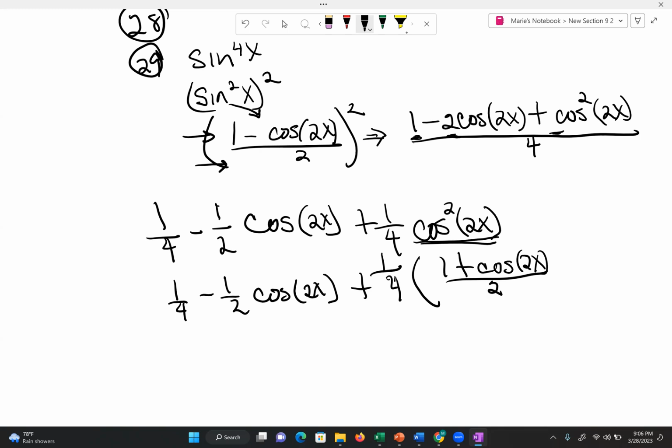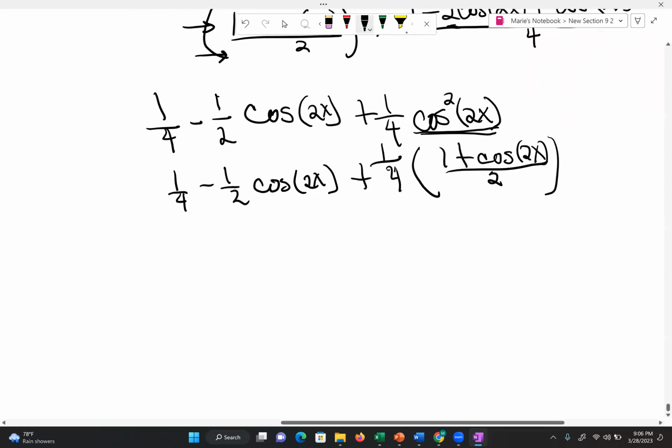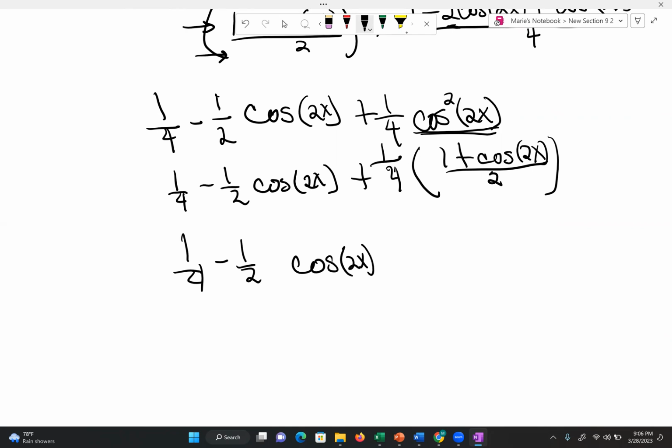All right. A long question. Make sure I'm on the right page here. So I did 1/4 minus 1/2 cosine. Okay, so we're here. I just did the second part. So now I have 1/4 minus 1/2 cosine of 2x. And keep in mind, I'm multiplying across here.